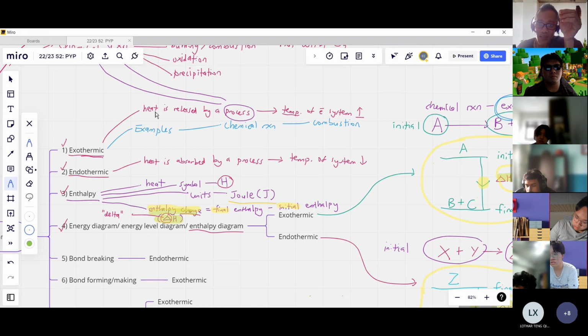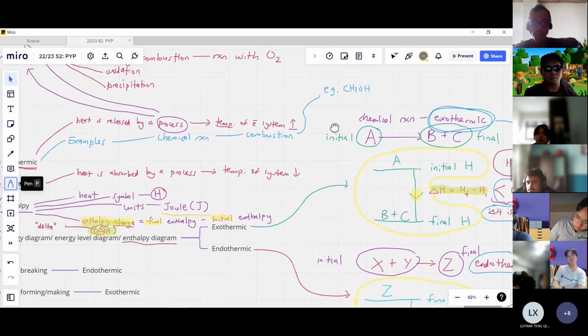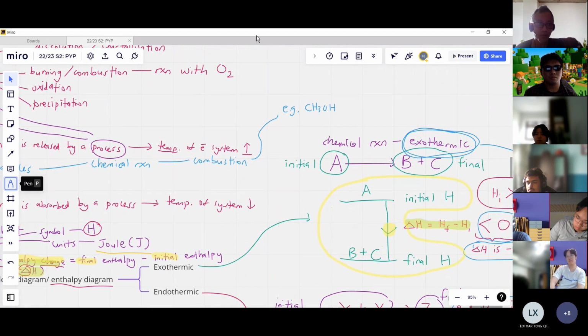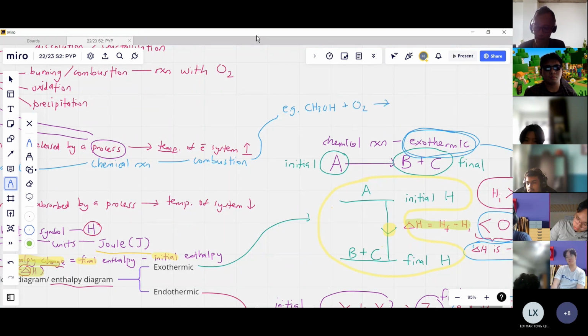So for example, combustion. Hopefully you haven't forgotten your last term's work. Let's say I have my alcohol. Your alcohol combusts. Let me again emphasize, you need oxygen for combustion. And what are the products? Hopefully you haven't forgotten the name of this alcohol.